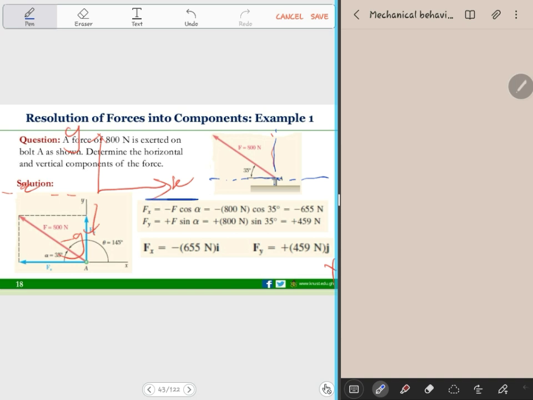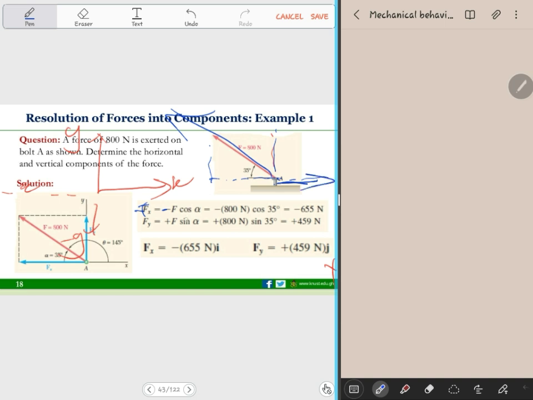Before we even get the horizontal and vertical component, this is what we do. To get the horizontal component, we know that the force is aligned in this direction, so the horizontal component will be here, and it will be a negative x. The negative here is just trying to tell us that it's in the opposite direction, not in the actual direction of the positive axis.